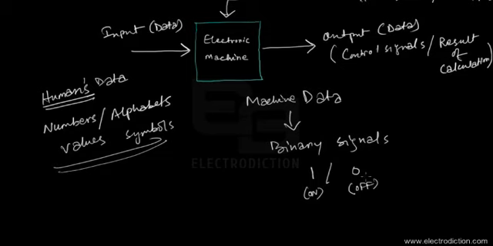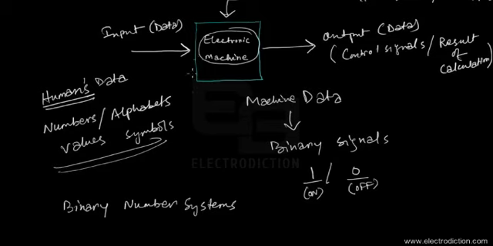A machine understands nothing more than ones and zeros, and this was the need for a binary number system. The binary number system paved the way for creating intelligent machines such as electronic devices and processors, and all the intelligent electronic control stuff that you see around nowadays is based on binary number systems.